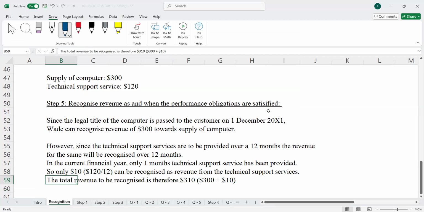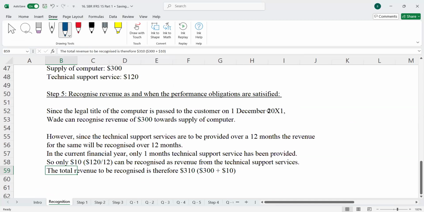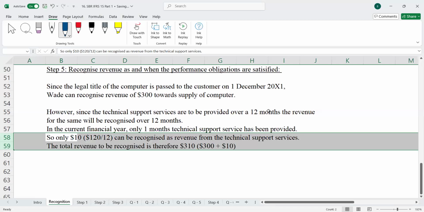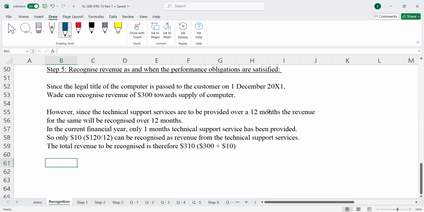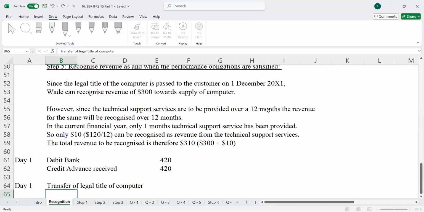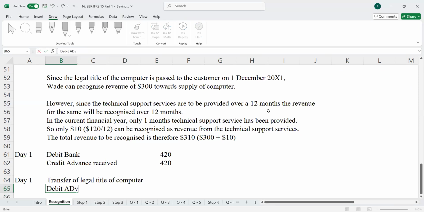Understood? Any questions? Now, every month, as and when the technical support services are provided, you will start recognizing revenue of 10. So, what entry will you actually pass on day one? Firstly, debit bank, credit what? Now, I tell you how things go. You have received money, 420. Now, day one only, transfer of legal title of computer. Now you will recognize the entry as debit advance.